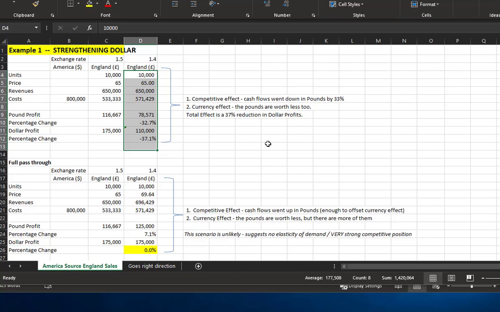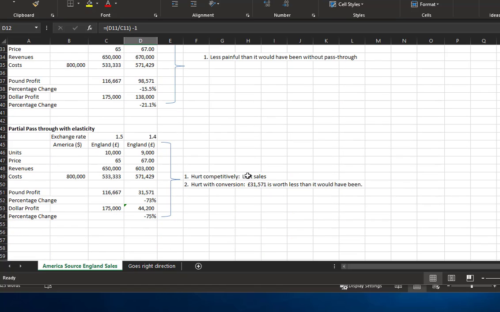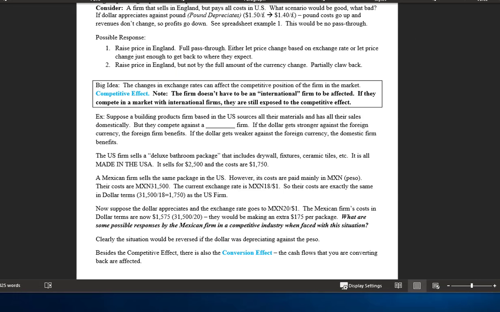Let's just keep the prices the same. Let's keep selling the same number of units that we have, and we're down 37%. That's bad, but it's not nearly as bad as this scenario here, where we raise the prices a little bit, but we lose 10% of our sales, and we get clobbered. So these are the different possible responses, the different outcomes, and there's always a competitive effect and a currency effect.